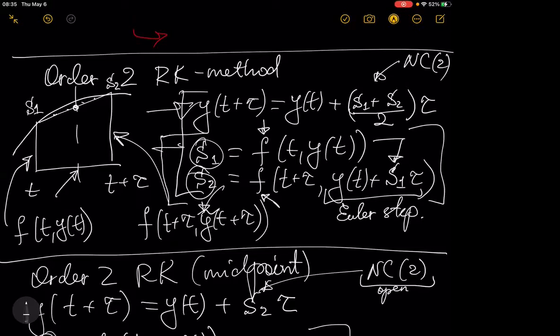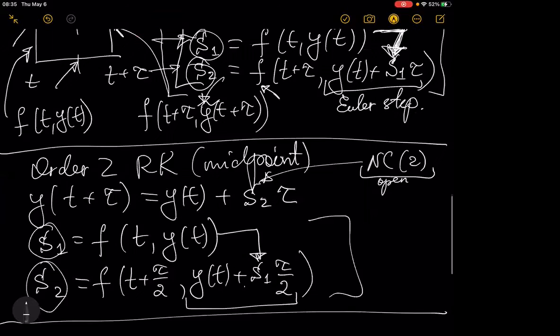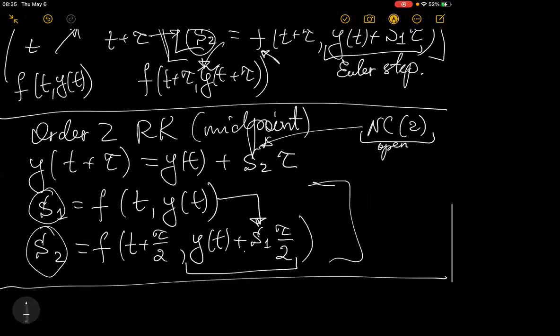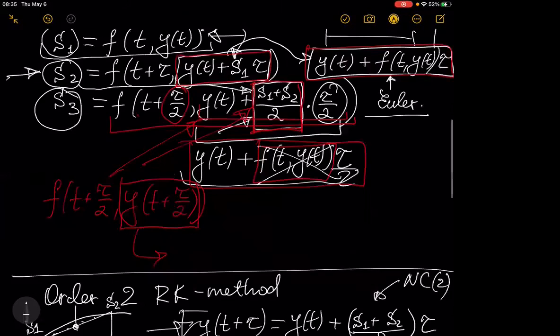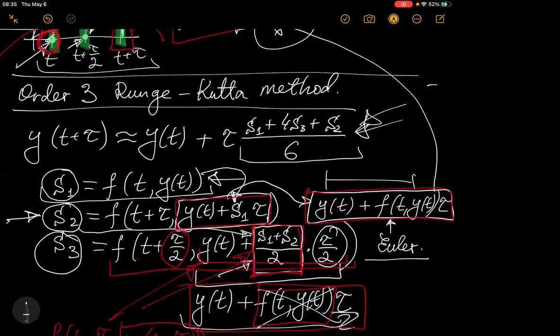Because I'm doing it once, and here I'm using the previous information and doing 2 function evaluations. What about the midpoint method? Also 2, right? What about a third order Runge-Kutta method? 1, 2, 3, right? So we are using 3 function evaluations.